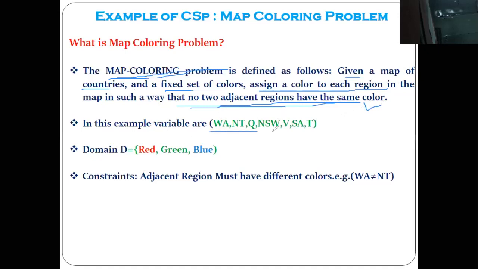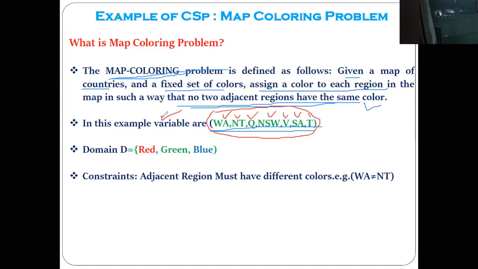But here we have taken the names of the different regions of that country. In short, I have written WA, NT, Q, NSW, V, SA, and T. So these are the regions that we have to color. Got the point? And we are referring to all these as what?